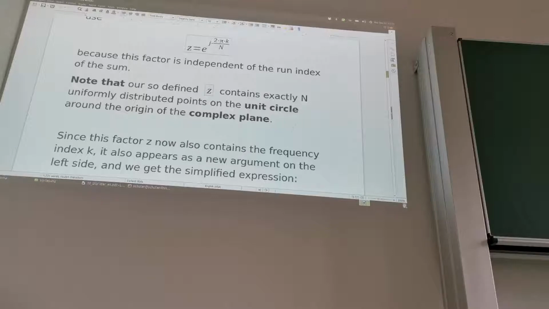So when you look at the z here, it contains exactly capital N uniformly distributed points on the unit circle, right? Because k goes from 0 to n minus 1. So basically we sample the unit circle in this way on the complex plane.